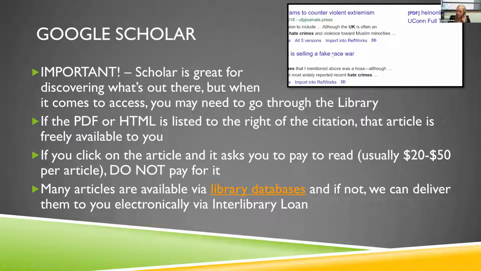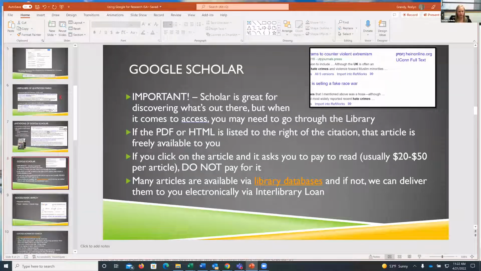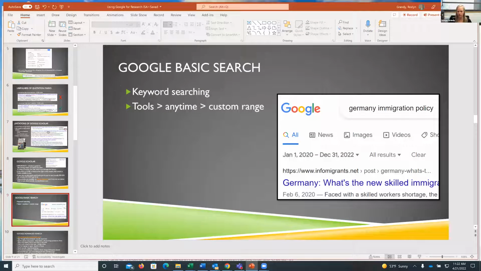So you would click on the publisher's site and they would want you to pay. So don't do that. Whatever affiliation you have with the library, they can usually get it to you for free via interlibrary loan. And if you are a UConn affiliate, you can look in our databases or set up Google Scholar to integrate with UConn library, which I can show you after the workshop if there is any interest in that.